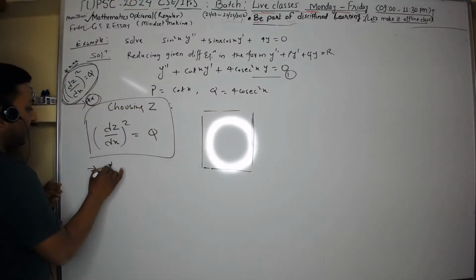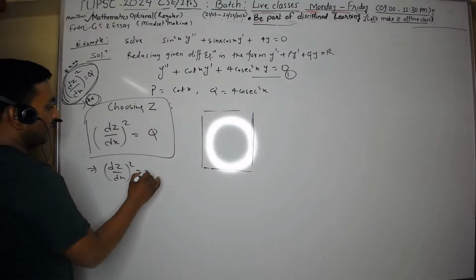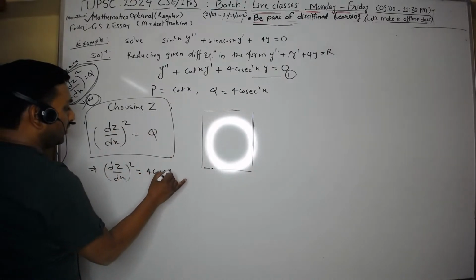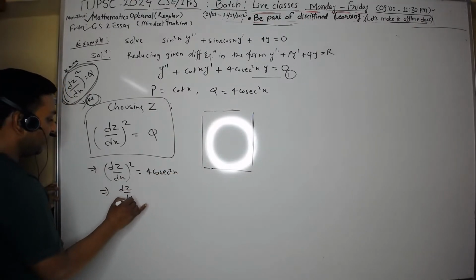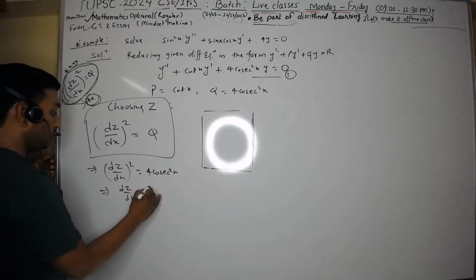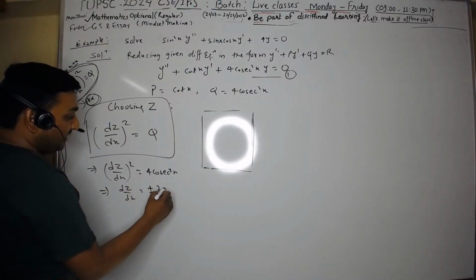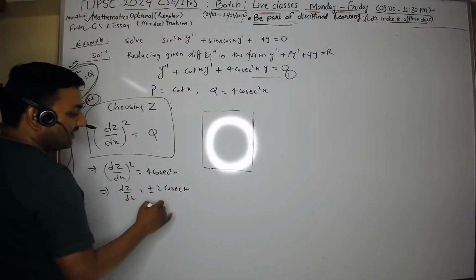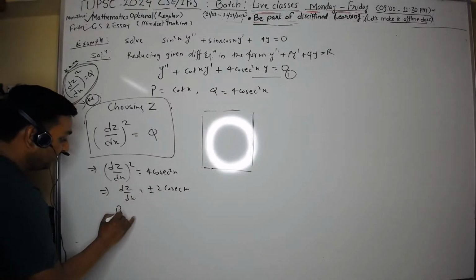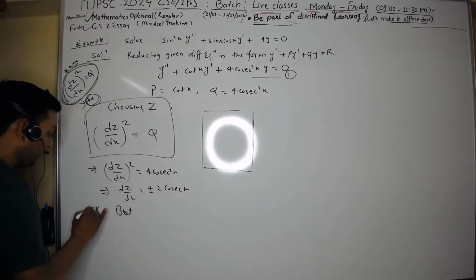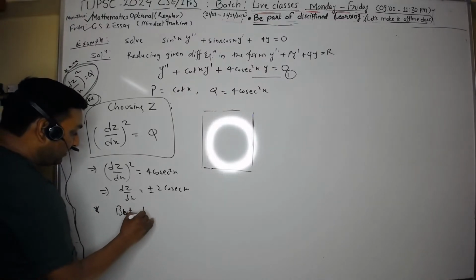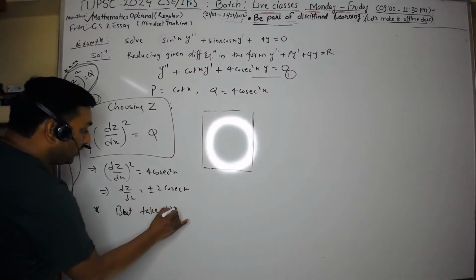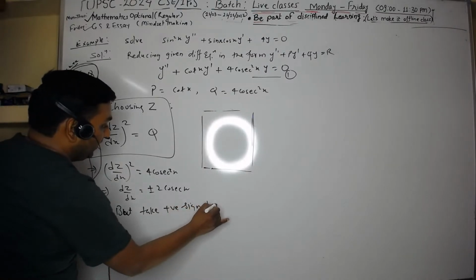So this implies dz over dx whole square you will be getting as 4 cosec square x. This implies dz over dx equals plus minus 2 cosec x. But mark a star here too, please mark star here, but take the positive sign here.